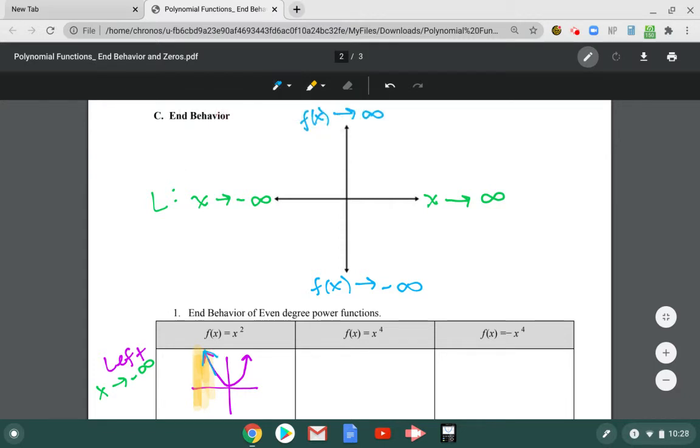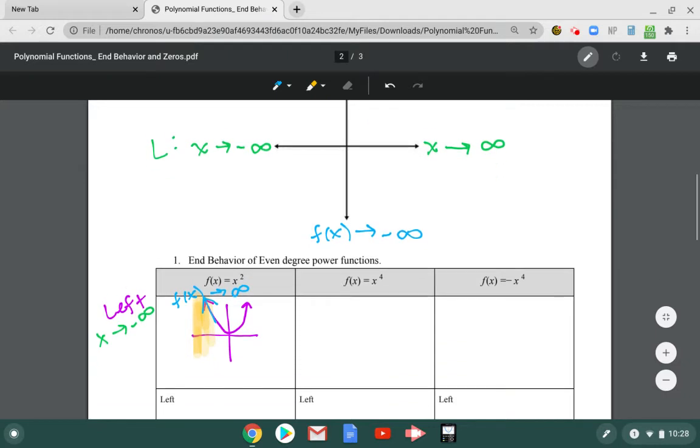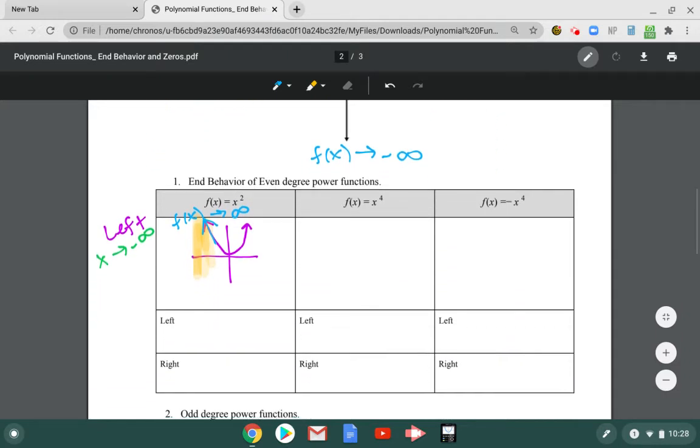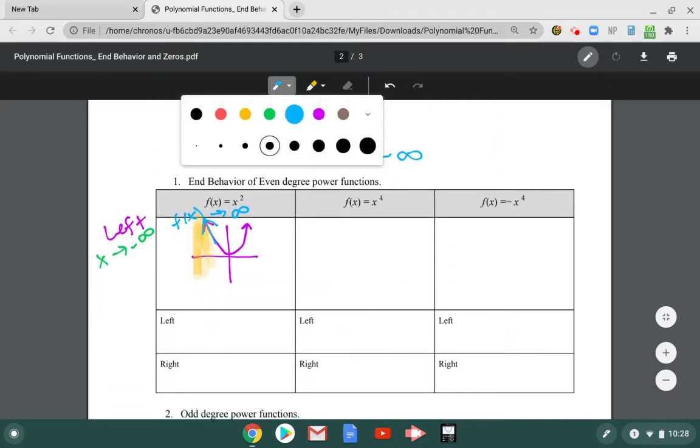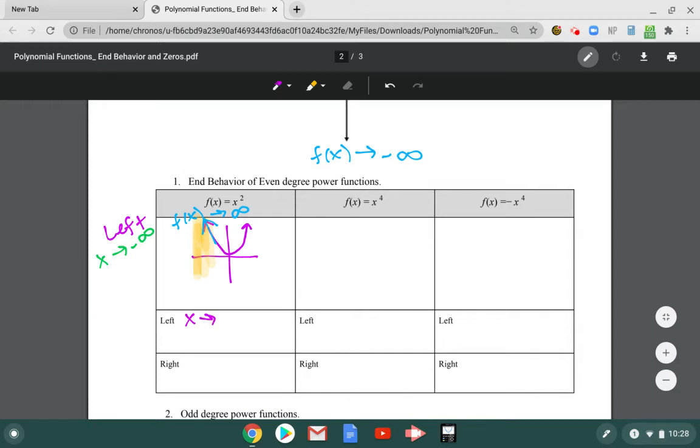So I can say that my function, f of x, is heading towards positive numbers, heading towards infinity. So to say left, we say x heads to negative infinity, f of x heads towards these positive numbers. It heads towards infinity.